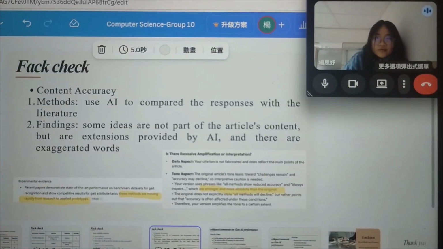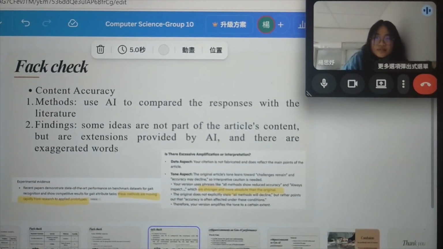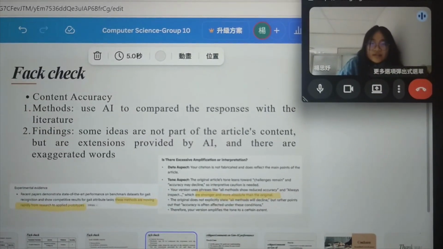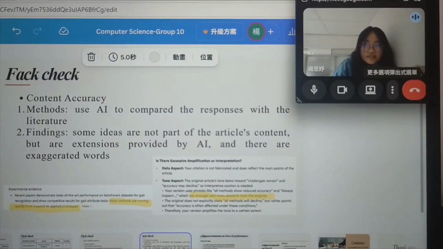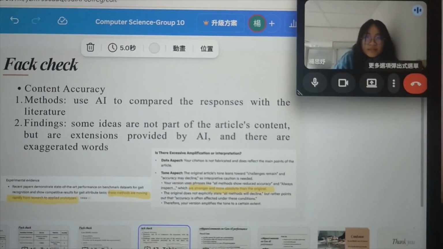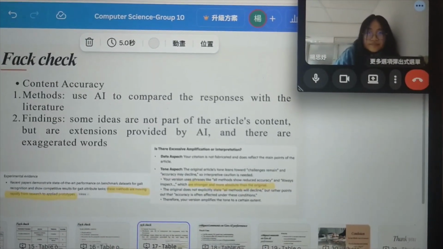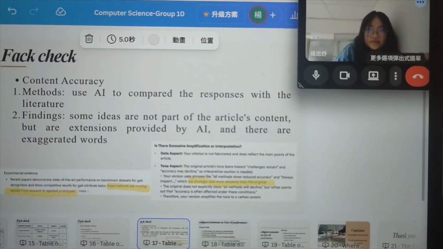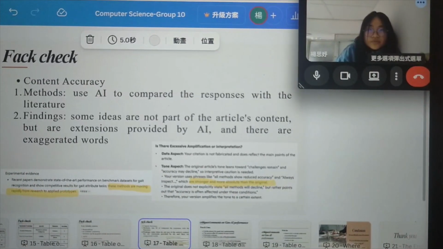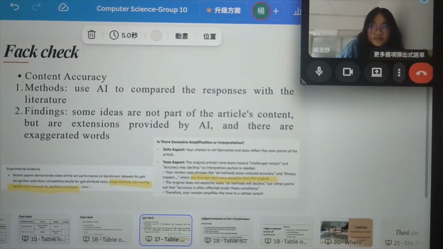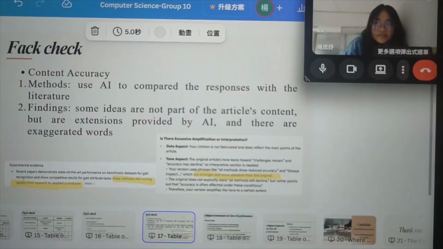However, I also found that some ideas provided by AI are not directly stated in the paper. It's more like extensions made by AI. And sometimes AI uses stronger and more absolute words than the original text. It's more like an exaggeration.